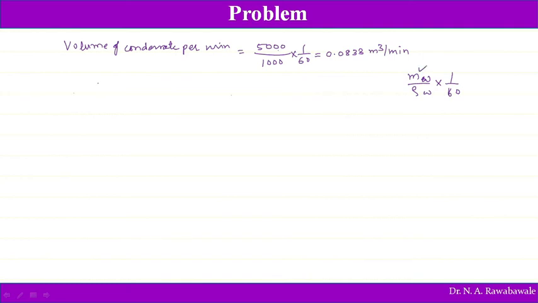Mass of water is 5000 kg per hour, rho_w is 1000, so the formula is m_w divided by rho_w into 1 over 60. This gives us volume in meter cube per minute, the volume of condensate per minute.